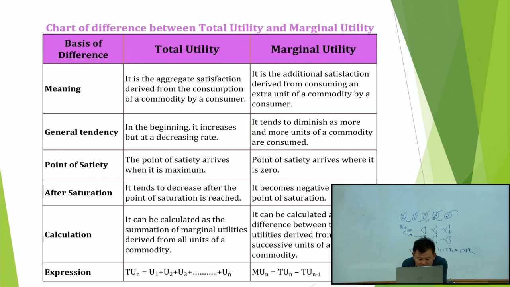That's why it is total utility n minus the former total utility n minus 1.